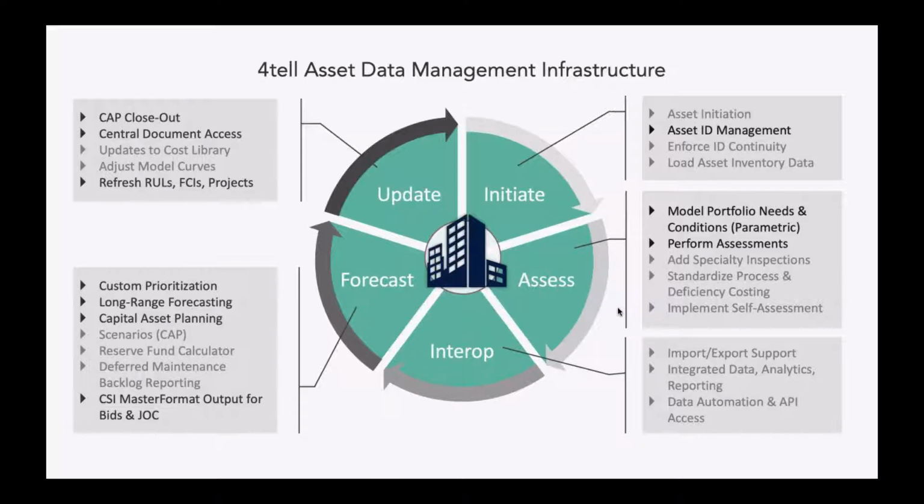I'm not going to read all the details of the slides here because I assume that they'll be shared, and that's just annoying. So this first slide really talks about the whole cycle of what we call the data management infrastructure.